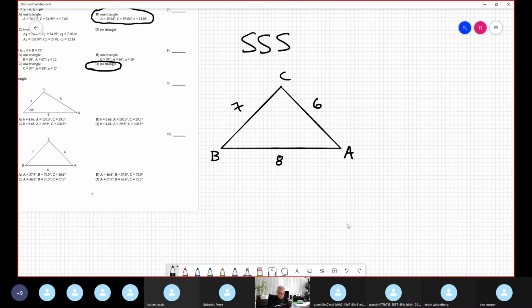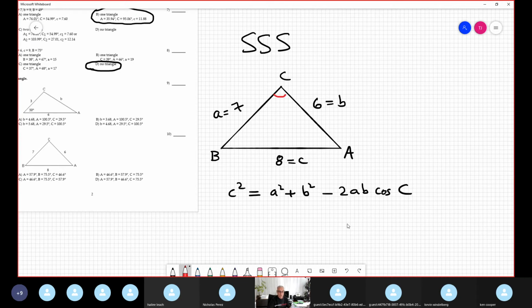I select C squared is equal to A squared plus B squared minus twice AB multiplied by cosine C. The sides are given, A, B and C, but the only unknown in this equation is the angle C.